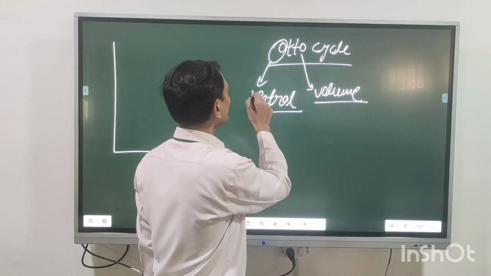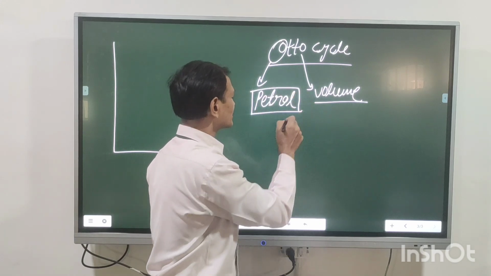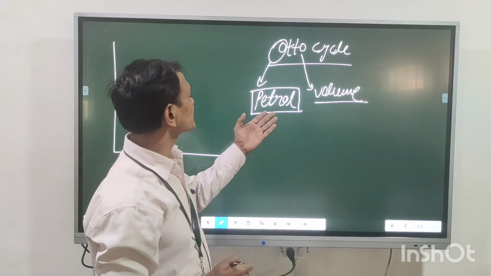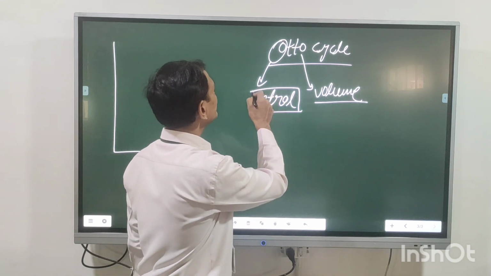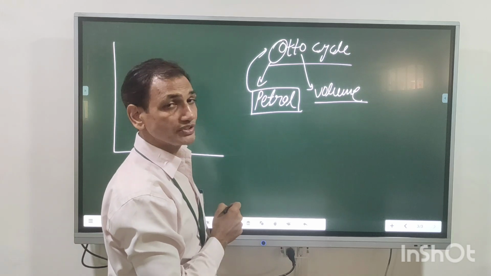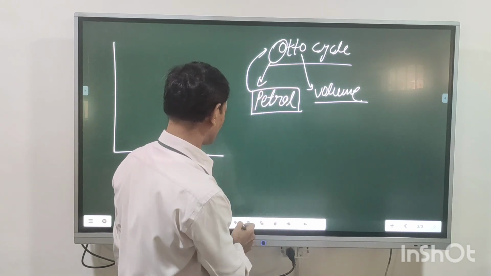If any examination asks the question to derive the efficiency of the petrol engine cycle, it means it is asking for the derivation of the efficiency of the Otto cycle.